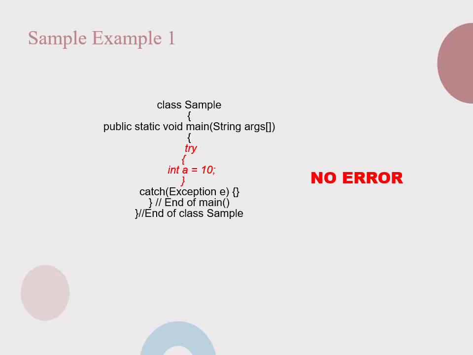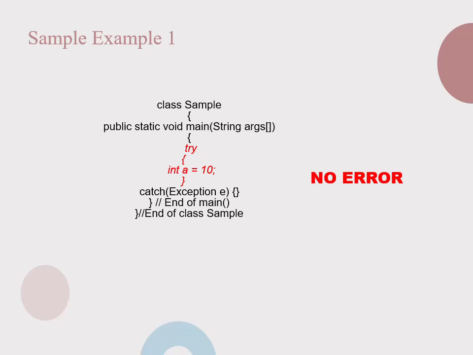Exception handling in Java is handled using the java.lang.Throwable class. The java.lang.Throwable class is the root class, and there are two subclasses that inherit the Throwable class, that is Exception and Error.